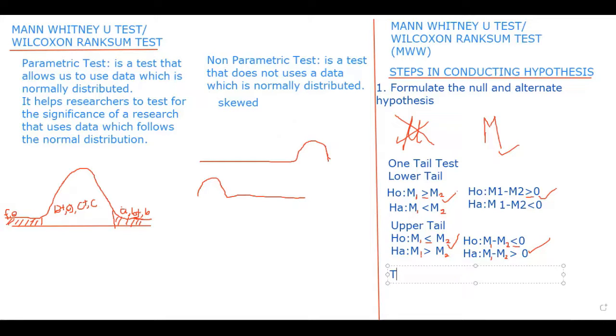Is it the equal to sign? Good. So when you see equal to, then it's two-tailed. So H0 is such that M1, the first median, is equal to M2. Then the HA challenges the H0, so HA will say that M1 is not equal to M2.